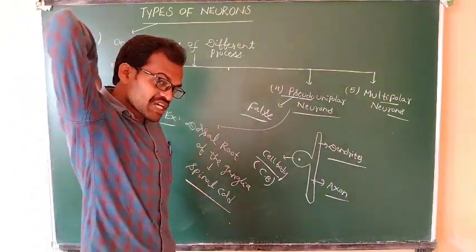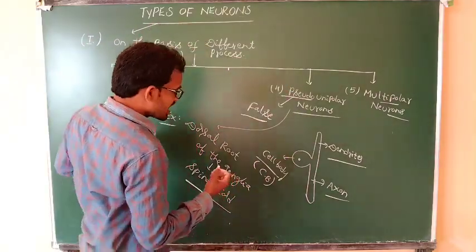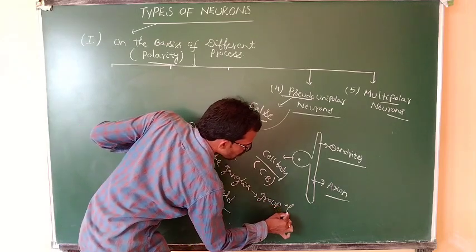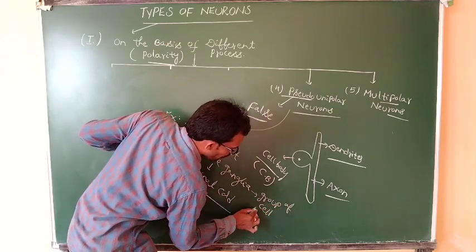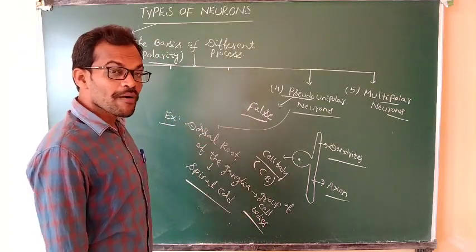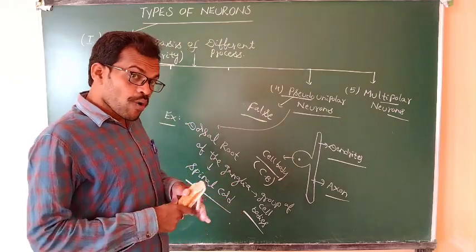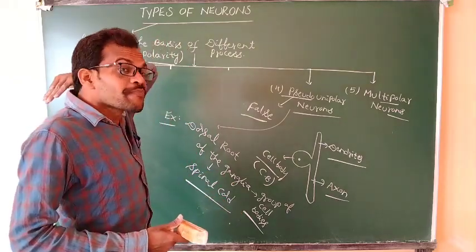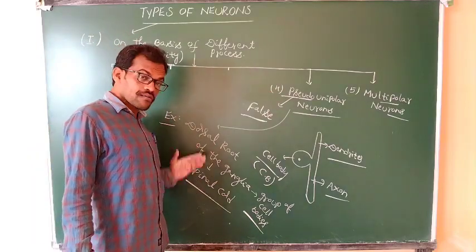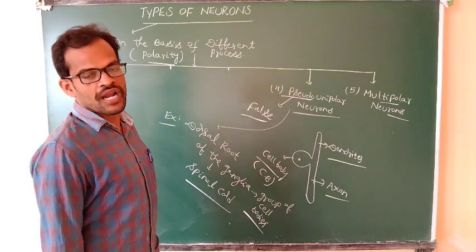Ganglia means a group of cell bodies. The group of cell bodies consists of neurons. Dorsal side means the back side of the spinal cord. What type of neurons are present in the dorsal root of the spinal cord? Pseudo-unipolar neurons.